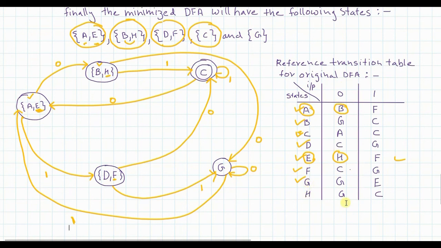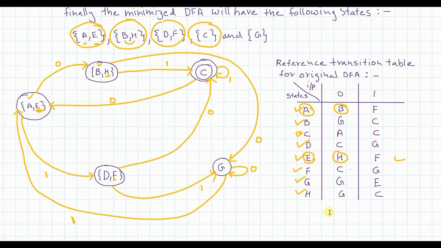Now H on 1 goes to C. We have already seen that B on 1 was also going to C, and now H is also going to C on 1. Why? Because B and H are equivalent. So ultimately, what I have drawn is the final DFA, the minimized version of the DFA.